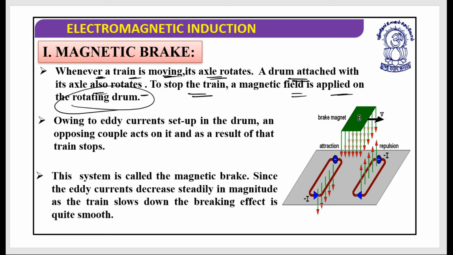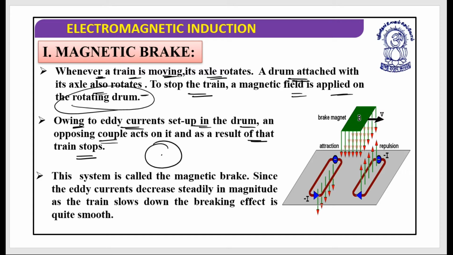You are going to apply the brake by turning on a switch for the magnetic field on the rotating drum. Due to eddy currents set up in the drum, an opposing couple acts on it, and when the opposing couple acts on it, the train stops.